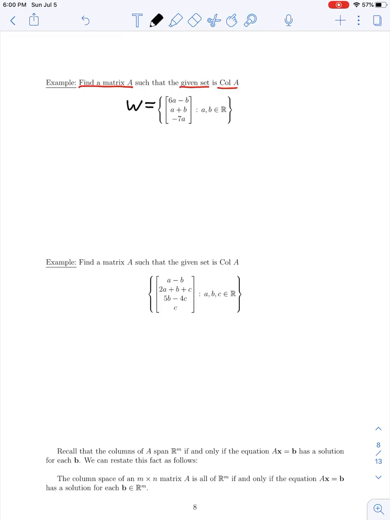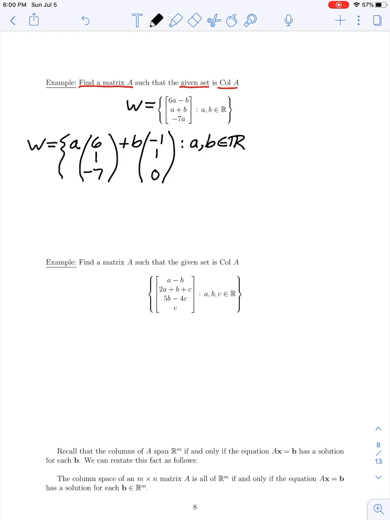Here we note that we could write the vectors in W as a linear combination of 2 vectors with weights given by these constants, a and b. So for a, we would be multiplying by the vector 6, 1, negative 7, plus b times negative 1, 1, 0, where a and b could be any real numbers.